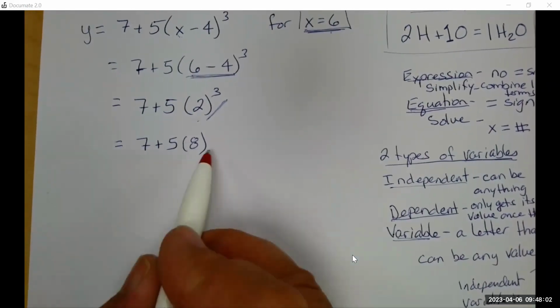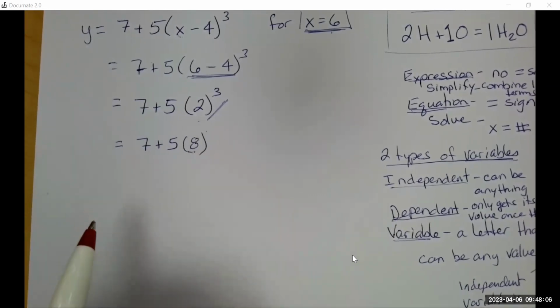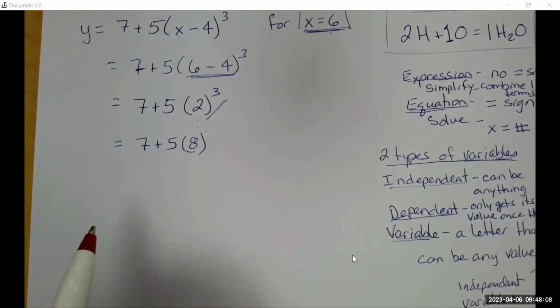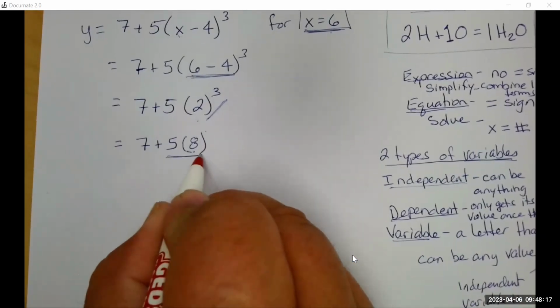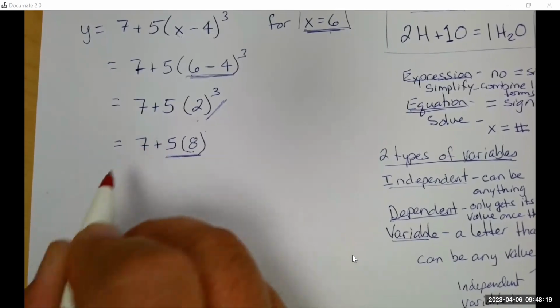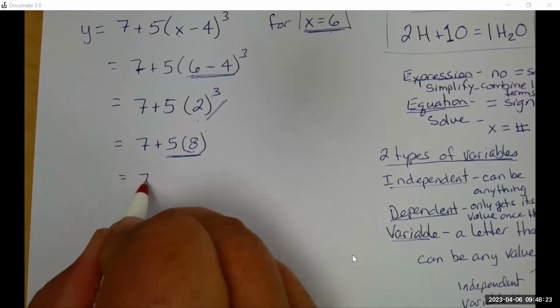Repeat the process, special operations. There's parentheses, can't do anything, there's no exponent. So what's the next thing we do? Times 8. Yeah, do the multiplication, because multiplication is more important than addition. So we do that. What is 5 times 8?